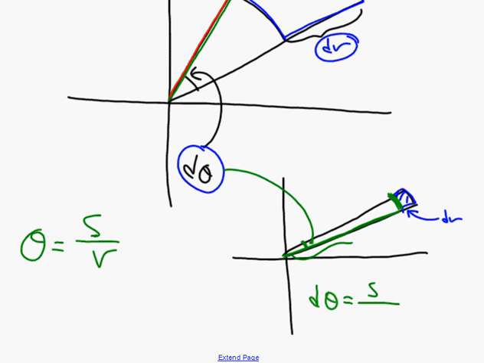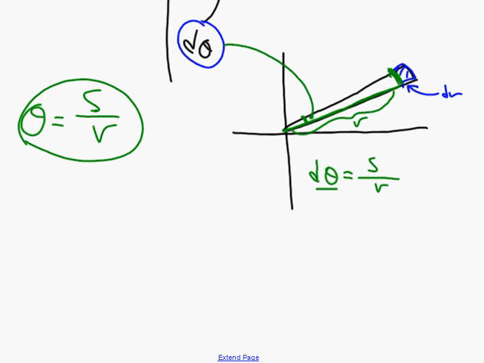This whole distance here is R. So that's exactly this formula at work with the small angle d theta. I needed to know this distance right there, but I can solve for it. Just cross multiply. I get R d theta is equal to S. So that little arc length is R d theta.